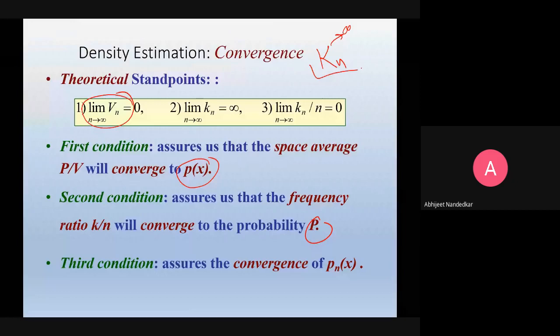So n is infinity and Kn is also infinity. That is practically not possible, but theoretically it means Kn is very large and is a small part of the total number of samples, which are also very large, so that this ratio is 0.